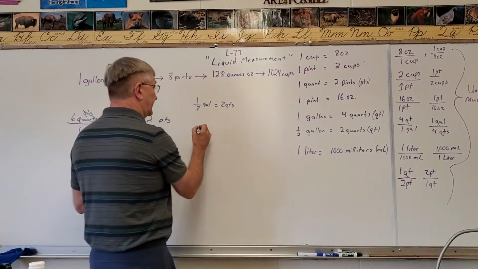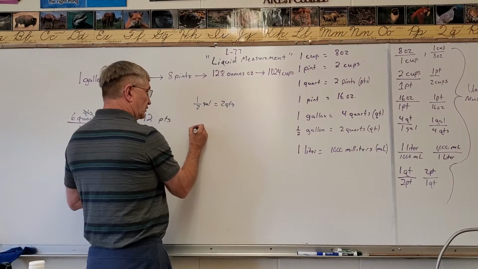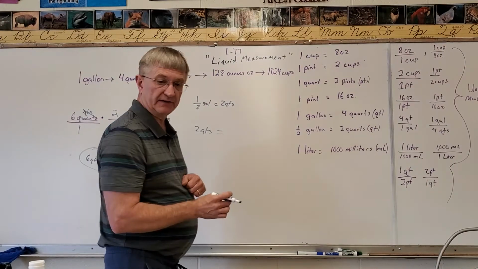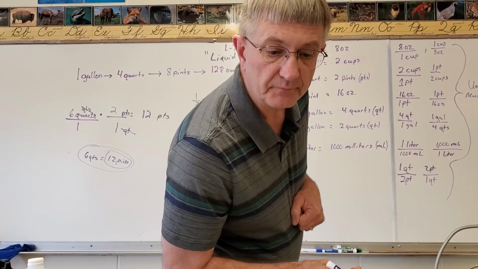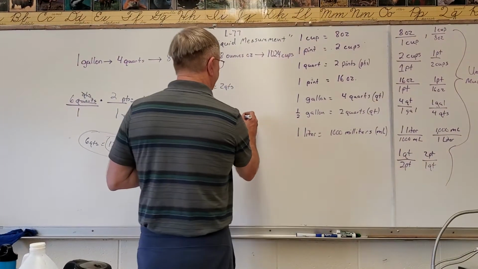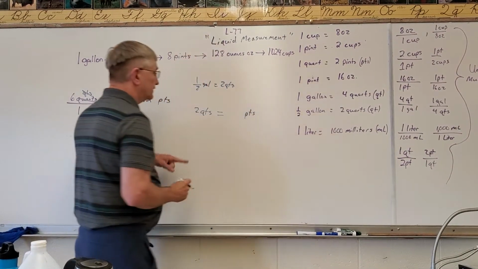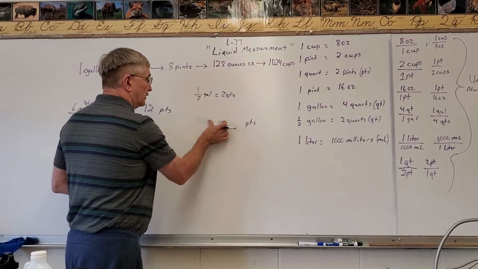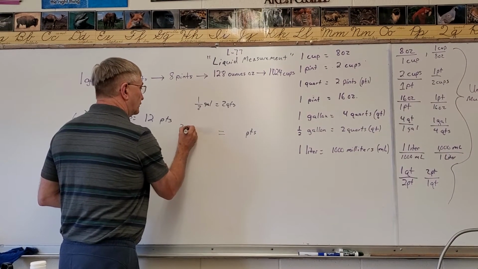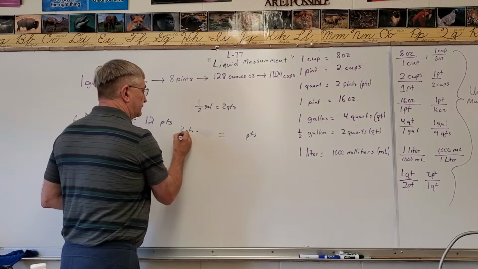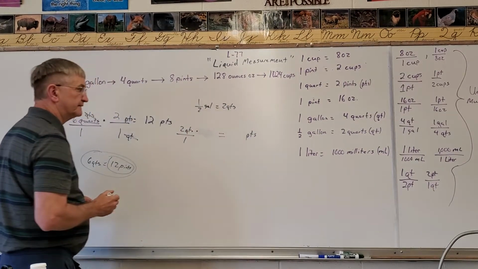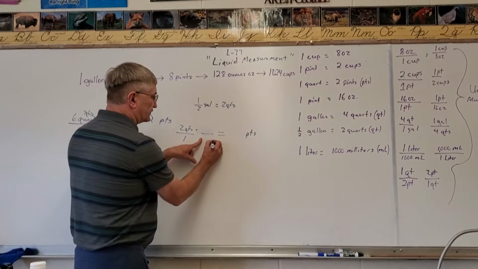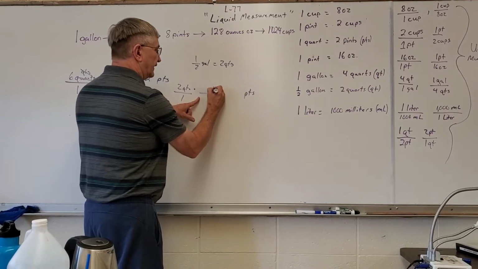And we're trying to find out now 2 quarts equals how many pints? Let me double check, make sure I'm reading everything correctly. Yes, pints. So I set it up. I'm going to have 2 quarts times 1 over something, so I'm going to put quarts here and pints here again.